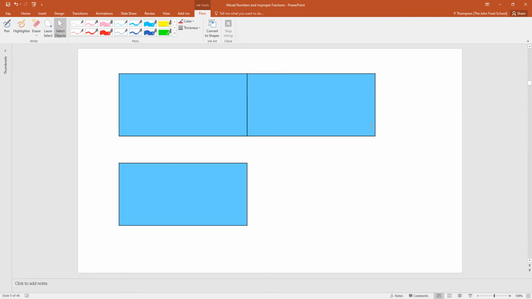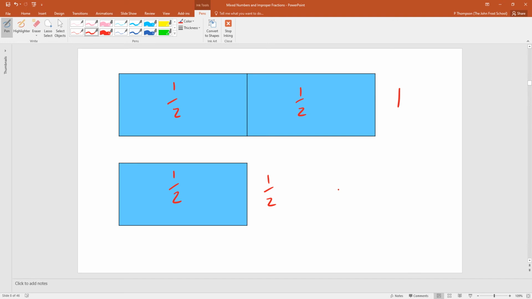Now look at this example here. Remember, this entire shape is a whole one. So you might think, there's a half here and a half here and another half here. It looks strange, but I've got one here and a half.